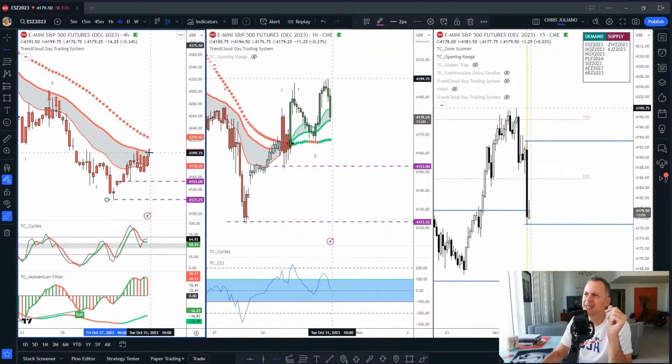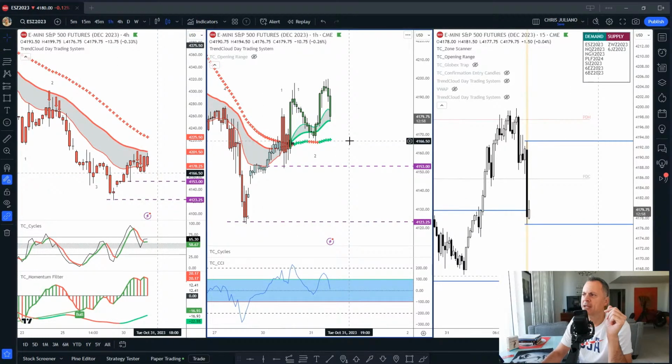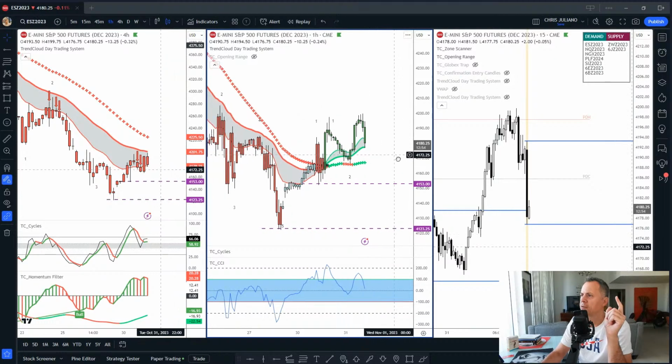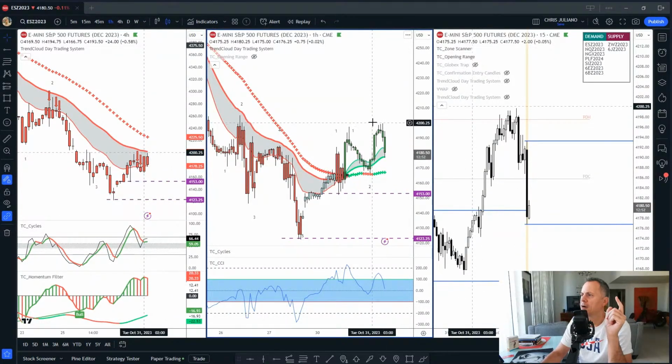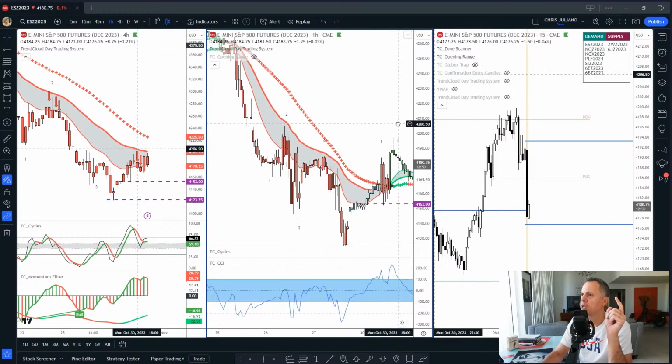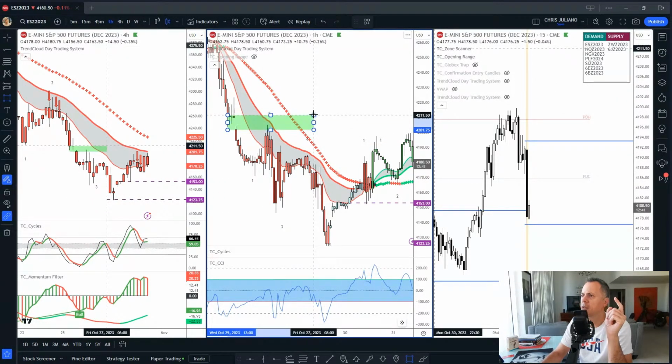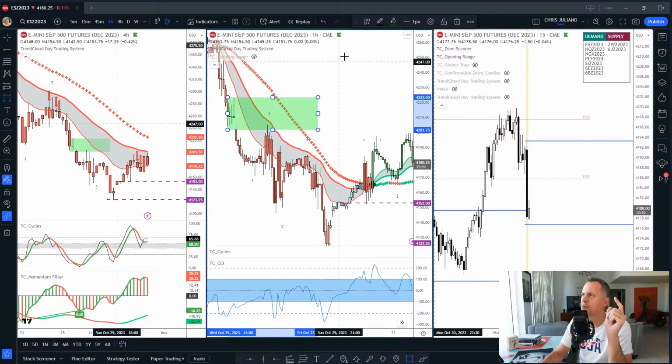We're still in the trend cloud, bouncing back and forth, just like on the NASDAQ. It's a little stronger here on the S&P, but we are still right up in here. It came right back up into this gap fill.